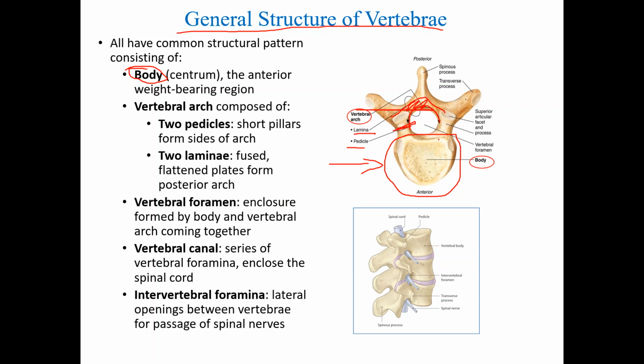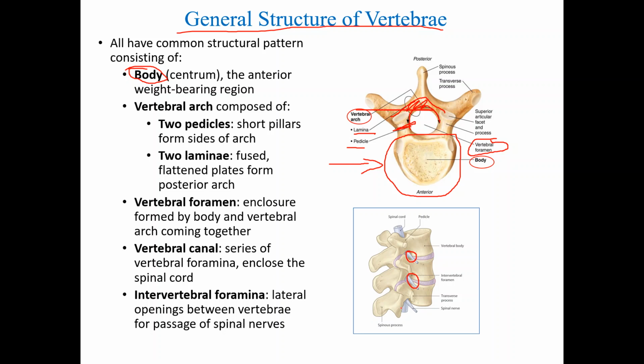Then we have the vertebral foramen, which is basically the opening through which the spinal cord runs, and all the vertebral foramens of all the vertebrae form a canal, a channel, again, through which the spinal cord runs. In a lateral view here, we can appreciate these openings.